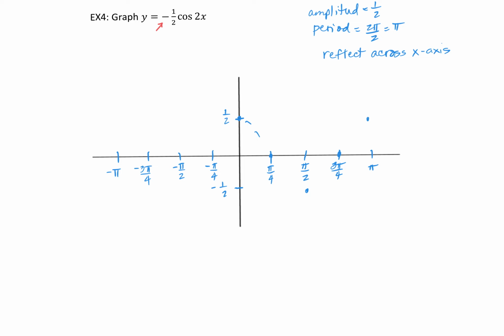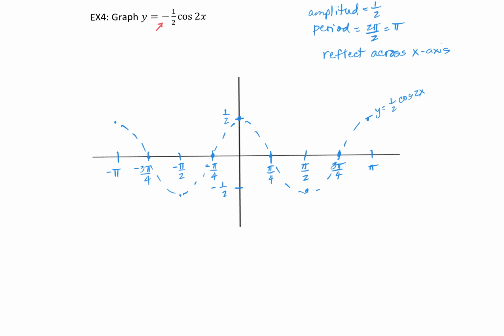Maybe I'll just do a sort of slashy one, so it's clear that this is not my final graph, even though I use black for my final graph. Then we go down to 0, negative half, back up to 0. I don't know if you can hear the crazy chickens in my yard. They're very loud. Okay, so that is actually y equal to 1/2 cosine of 2x.